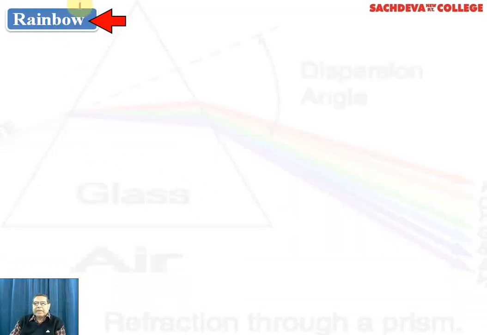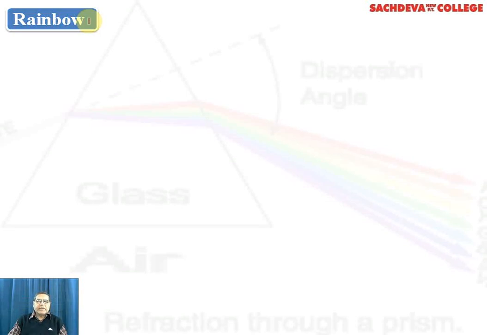Now we come towards the rainbow formation. We assume that in the atmosphere during the rain, there are suspended water molecules which behave like prisms. So when light from the sun falls on those drops, dispersion takes place.